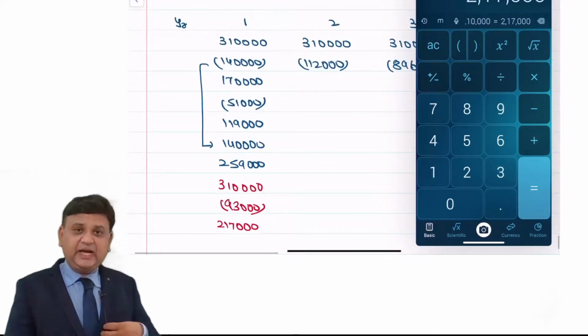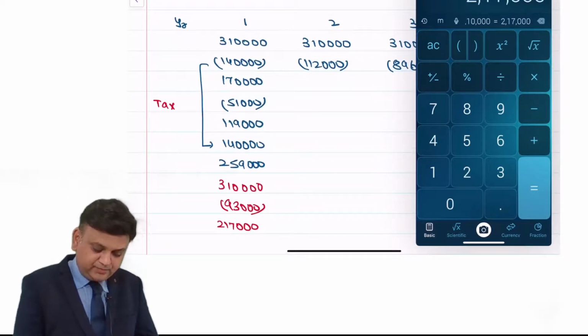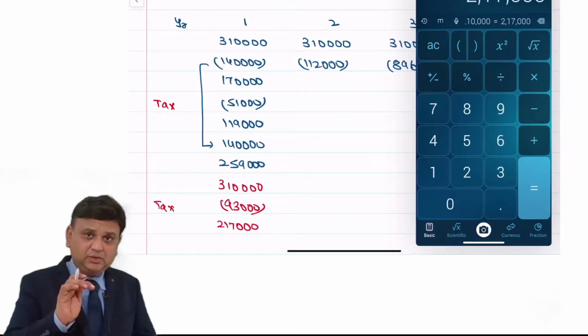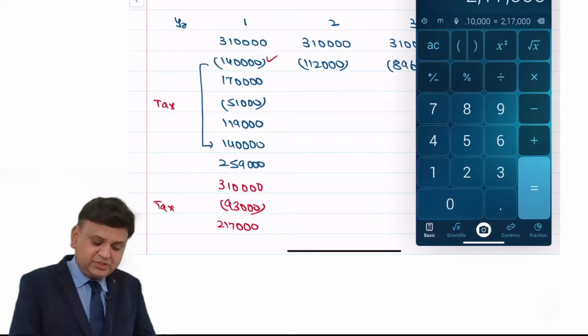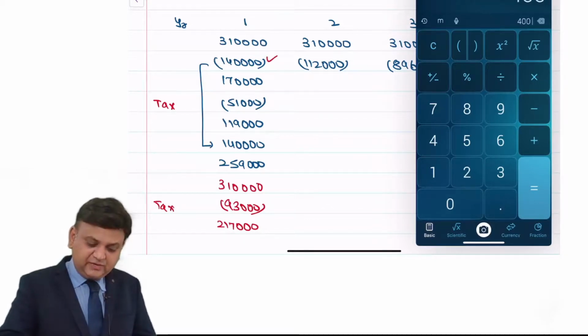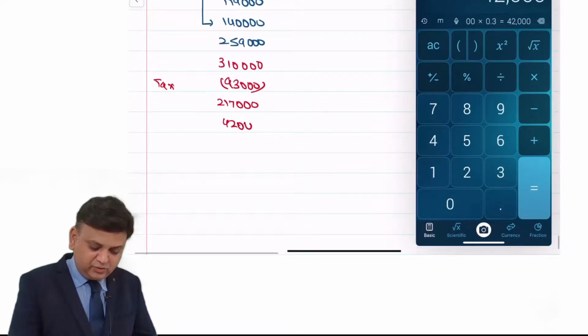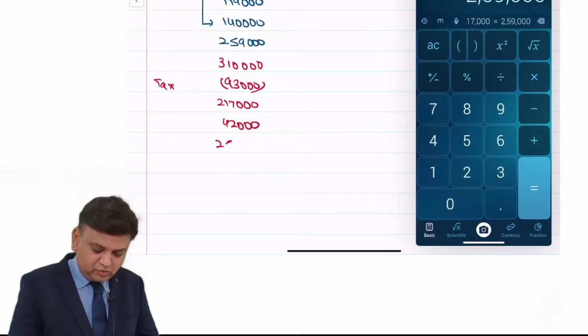We understand that the actual income tax liability is only 51,000. Instead of that, we have mentioned the income tax liability as 93,000. Income tax liability is actually less due to depreciation. It is 1,40,000 into 0.3, so there is depreciation tax saving of 42,000. It is added to 2,17,000, so it comes to 259.